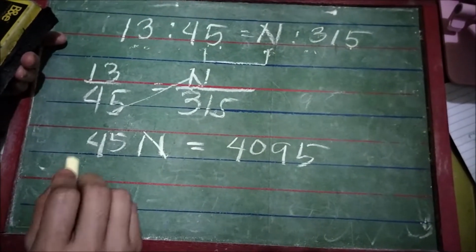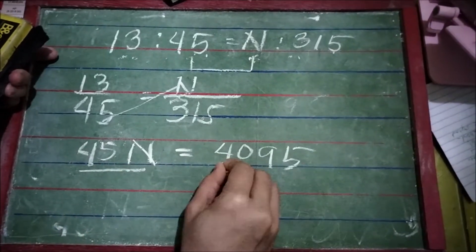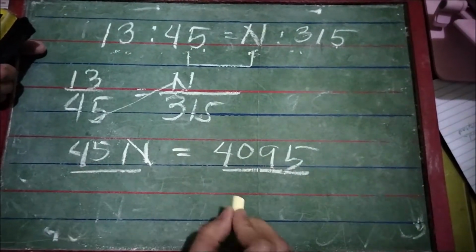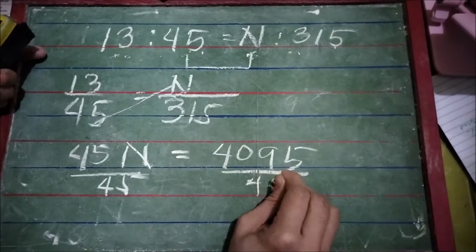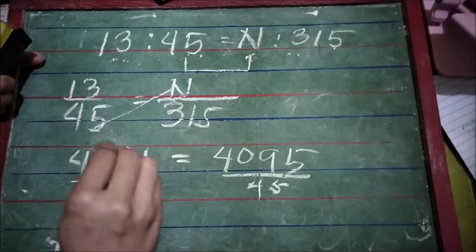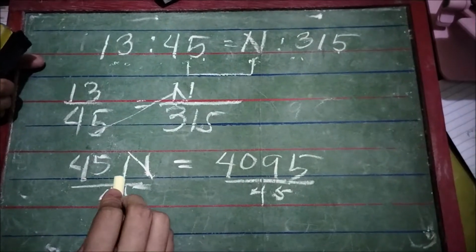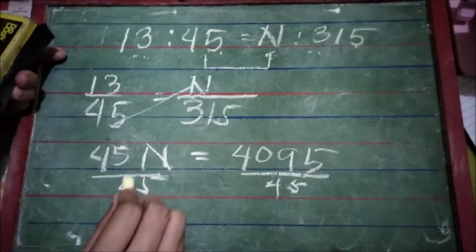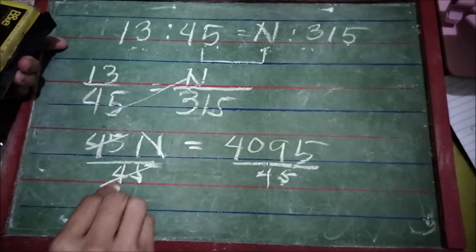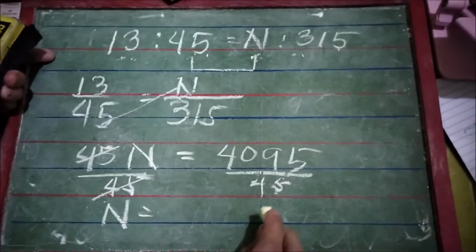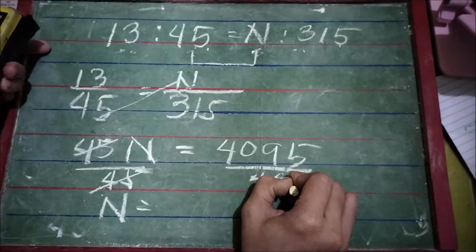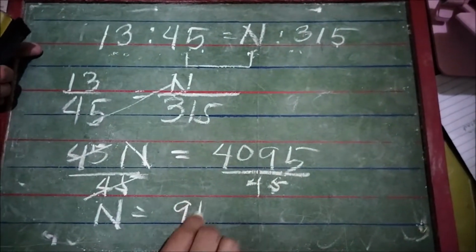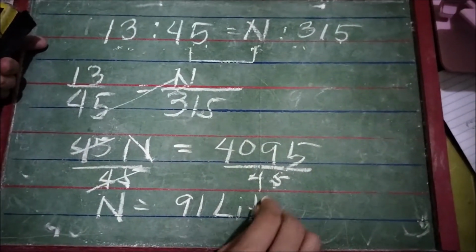Because we are using the fraction form, we are going to divide both sides by 45. As a technique, the number beside our missing variable is going to cancel, 45. The remaining is letter n. And of course, 4095 divided by 45 is also equal to 91 liters.